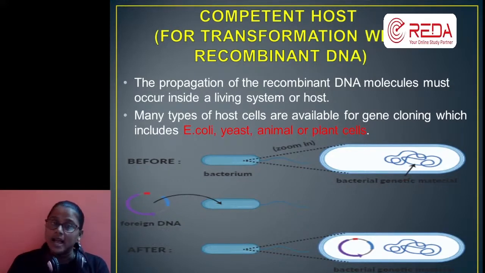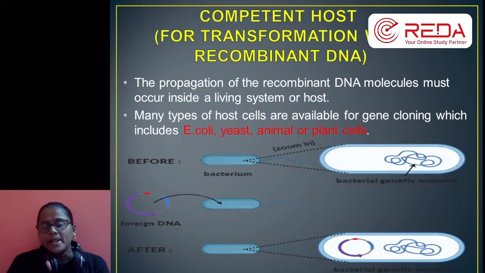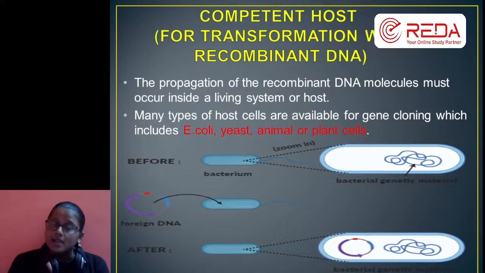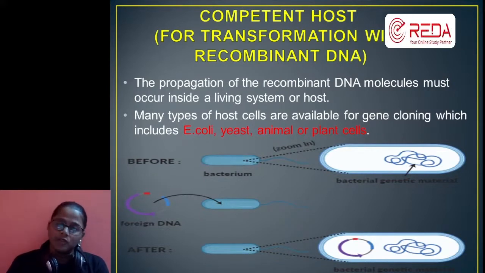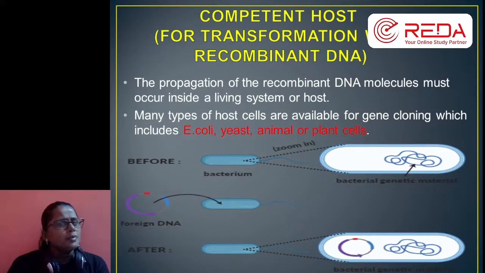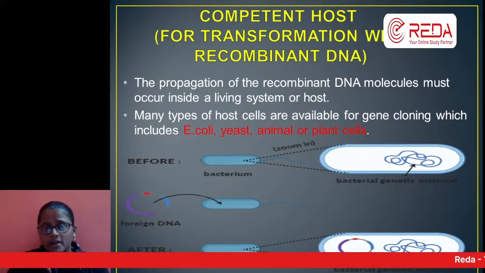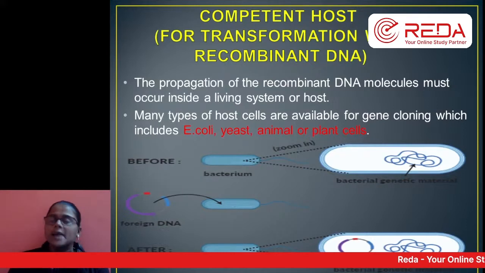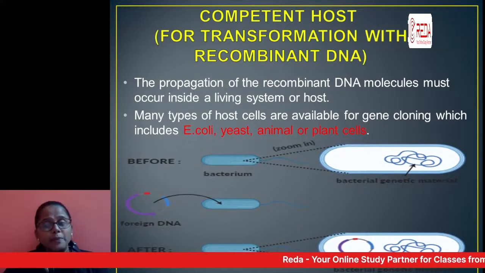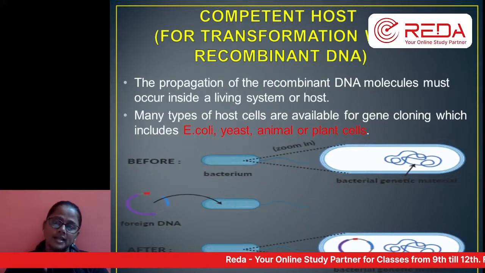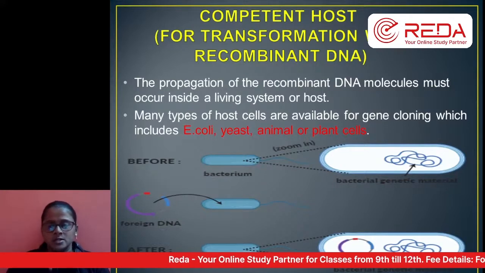What does that actually mean? Competent is the condition where you are forcing the cell to take things from the environment. You are making them starve, disturbing the cell membrane, and forcing them to take things from the environment. Such a type of host is called a competent host.